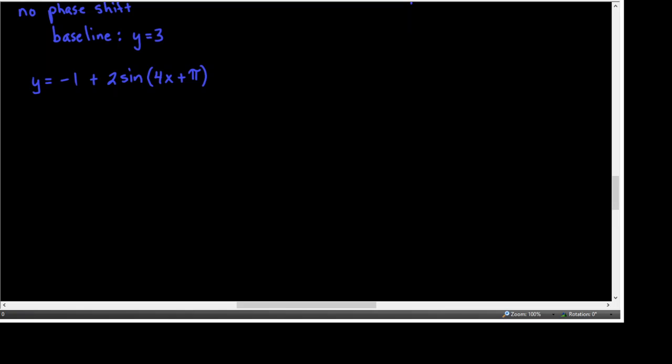The generic equation I wrote way up there at some point, maybe it's in the last part, was that I have A times F of B times the quantity X minus C plus D. I wrote this a long time ago.